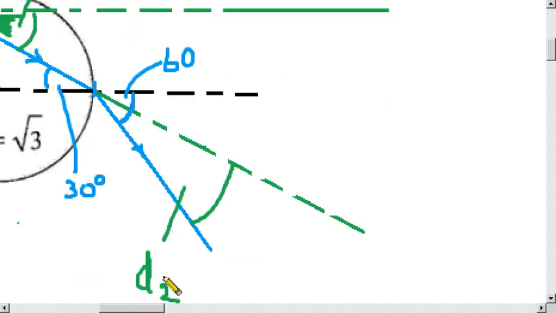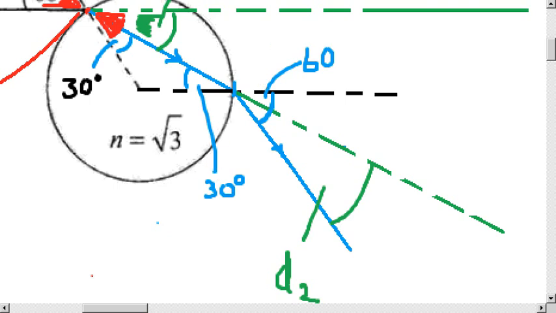Then here also, if we observe the angles, so this total one is 60, the blue one, this one is 60, totally it is 60. Then this red angle is 30.